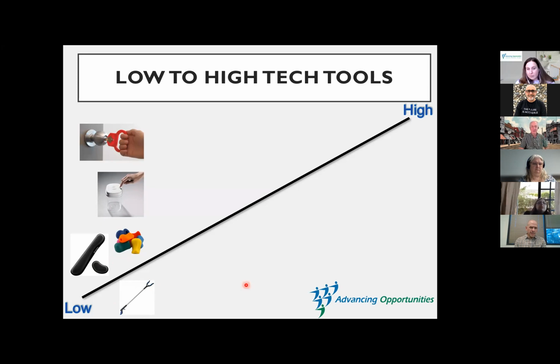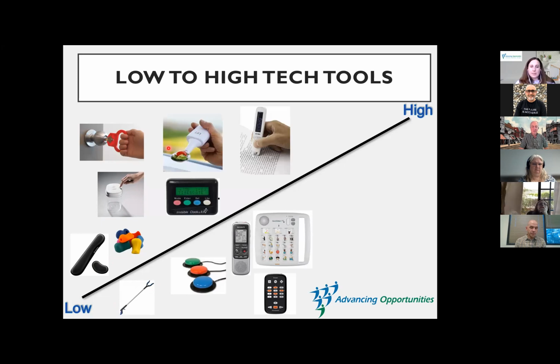Some mid-tech items we have. We have this SteadyWear lift spoon. The spoon is for people who have tremors and it helps stabilize it. We have different timers. This is a vibrating timer called the Invisible Clock 2, which can help with concentration, maybe for students who have ADHD. We have switches, all kinds of different switches.